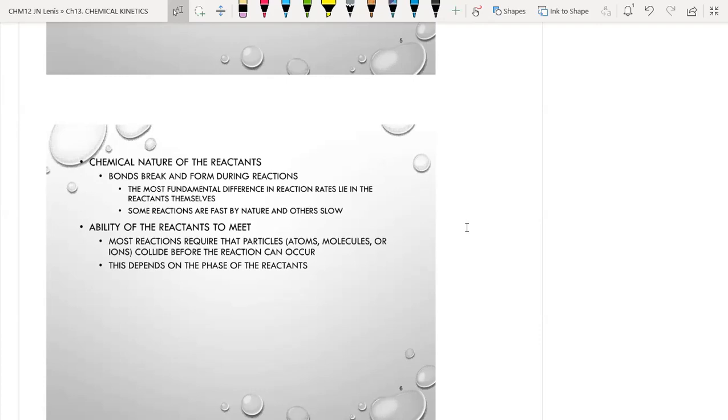We can compare with the reactivity of, for example, iron with water. How fast is that reaction? Iron and oxygen.